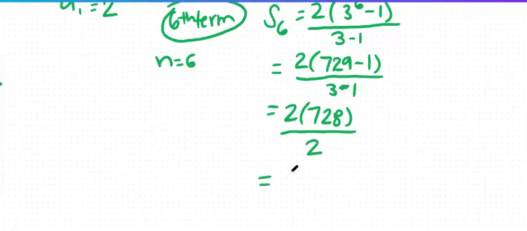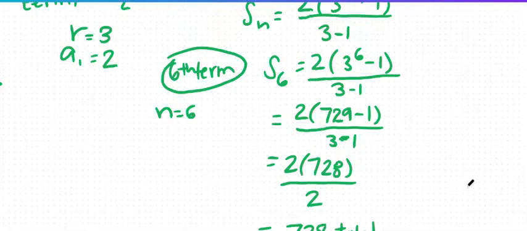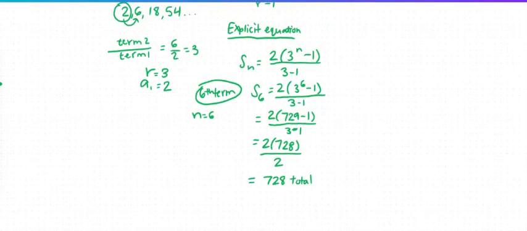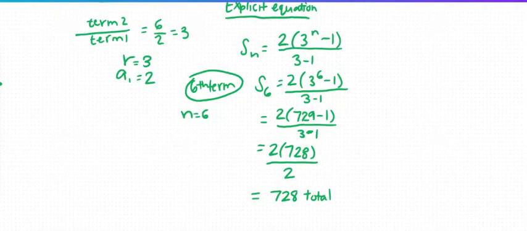When I plug this into my calculator, I get 728. I multiply by 2 and then I divide by 2. So that is the total after 6 terms for my explicit equation. That means my S sub 6, or my sum at the 6th term, is 728.